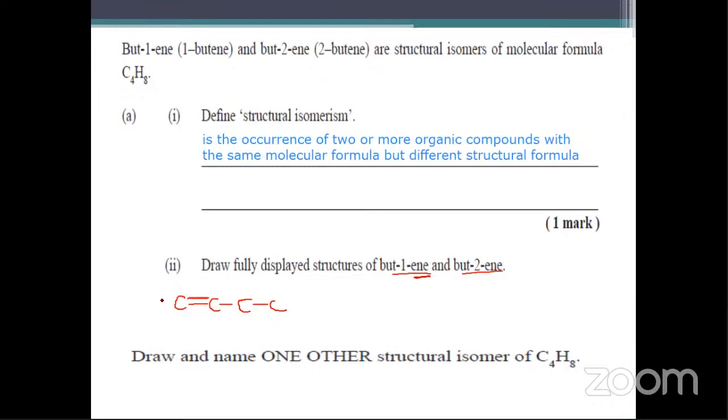In order to ensure you don't draw too many bonds, make sure that each carbon has 4 bonds. This already has 2, so you draw 2 more. This already has 3, so it only needs 1. This has 2, so you draw 2 more. And this has 1, so you draw 3 more. And you add H's accordingly.